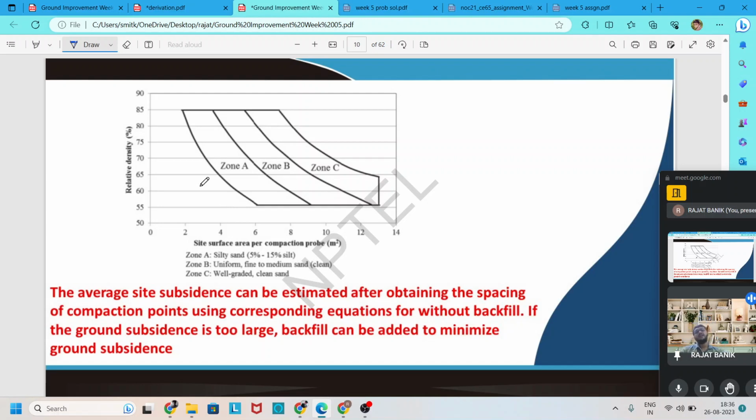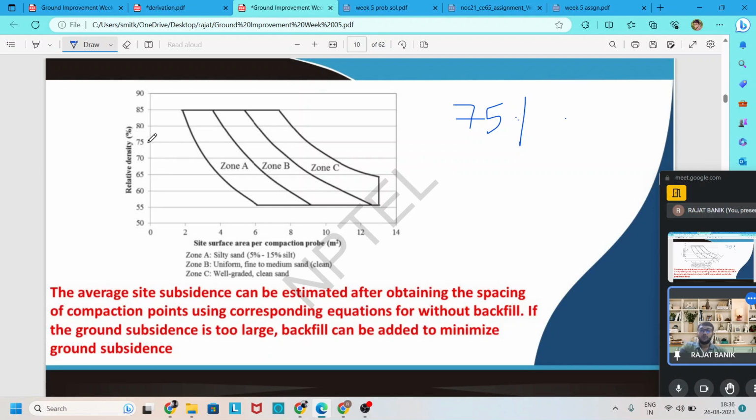We can see the graph is based on relative density versus tributary area. Say our targeted relative compaction is 75%, and our soil is like zone A, silty sand.